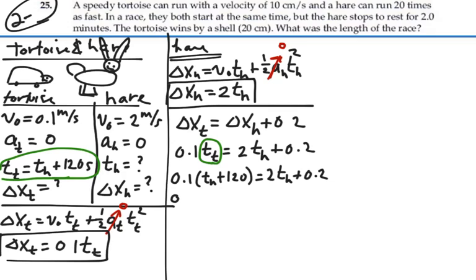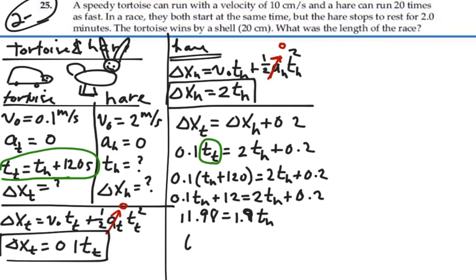So we have 0.1 times the time for the hare plus 0.1 times 120, which is 12, is equal to 2 times the time for the hare plus 0.2. Subtract 0.2 from both sides, subtract 0.1 times the time for the hare from both sides, so we have 11.8 is equal to 1.9 times the time for the hare.